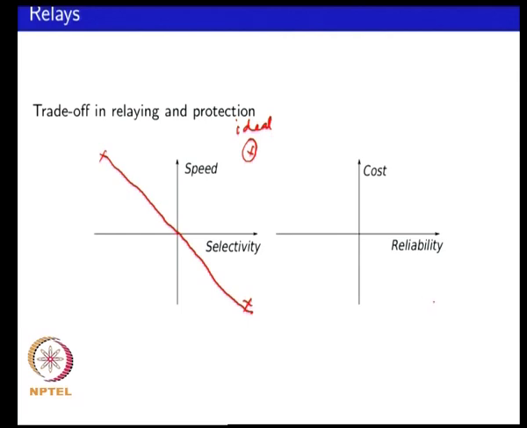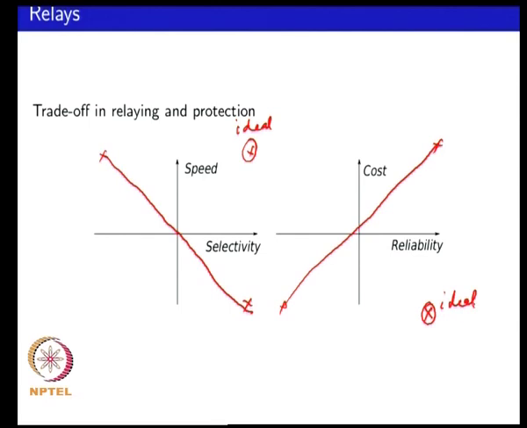So, many times when you want very high reliability, your cost would be high, and if you try to eliminate the cost a lot, you might end up with poor reliability. You might have something very low cost and not reliable at all. So, your trade off curve might be along a line like this, and in this situation your ideal relay should be low cost, but highly reliable. So, your ideal situation would be somewhere over here.